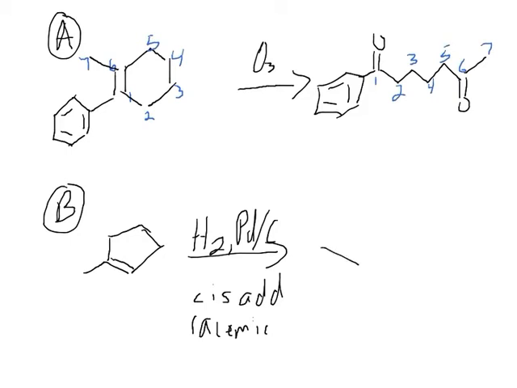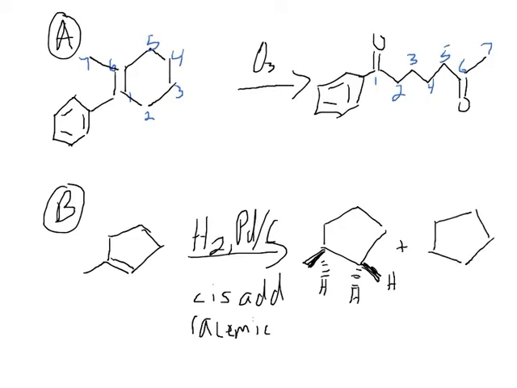You don't need to worry about the mechanism for this one. Right, and the other H, of course, came on the same side. We'd also make its enantiomer, so we say plus that. And the enantiomer, since we formed one asymmetric center, is going to be the exact opposite.